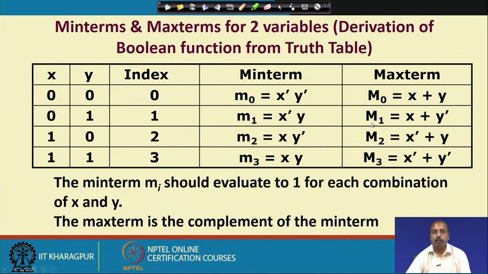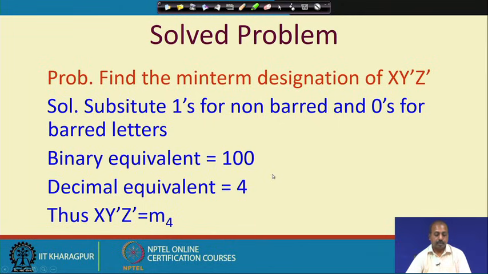For the max term, x should be taken in true form and y in complemented form, and for the min term, x should be taken in complemented form and y in true form. So, this x y bar z is 1 0 0, decimal equivalent is 4, and so this is m4.